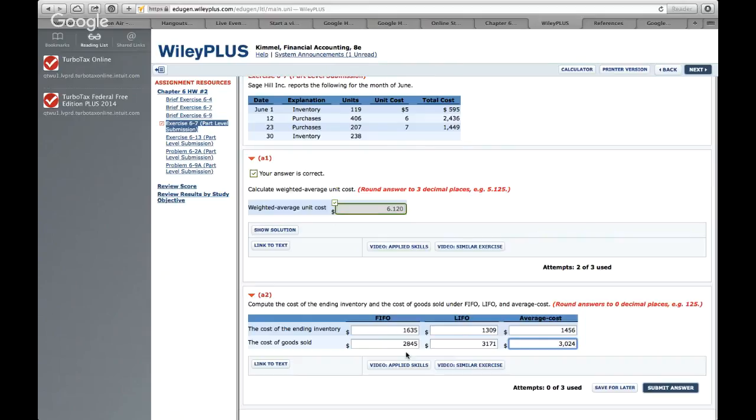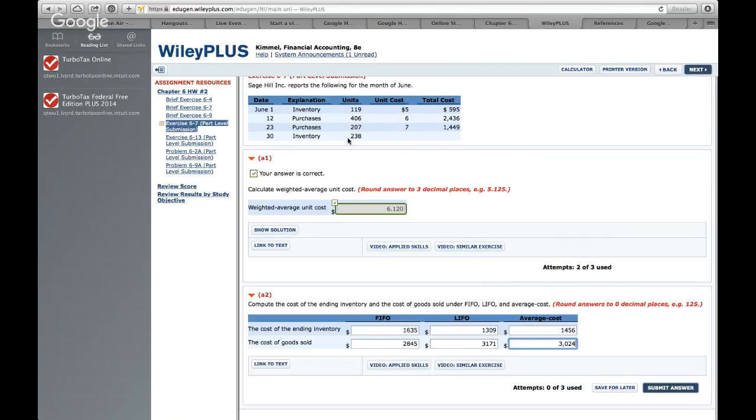Now the next thing that we're going to calculate is LIFO, which is last in, first out. So instead of starting from the bottom, which was 207, we're going to start from the top. We're still equaling the inventory of 238. With LIFO, I calculated 119 because the beginning inventory is 119.